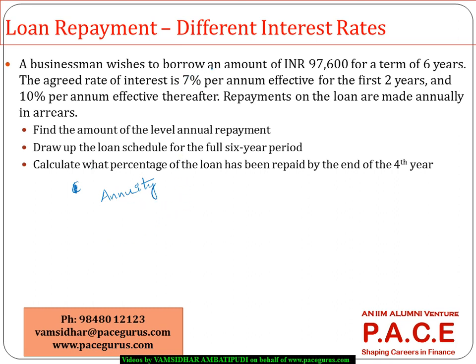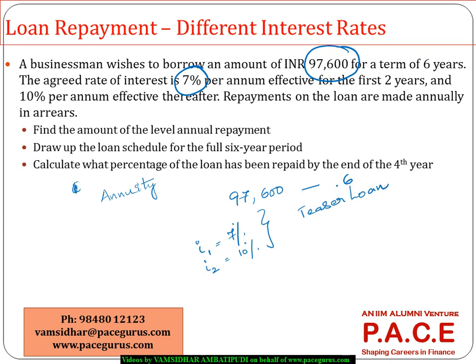So here a person is currently borrowing 97,600 for a 6-year period, and it is said that for the first 2 years the interest rate is 7%, and after that for the next 4 years the interest rate is going to be 10%, probably a teaser kind of loan.